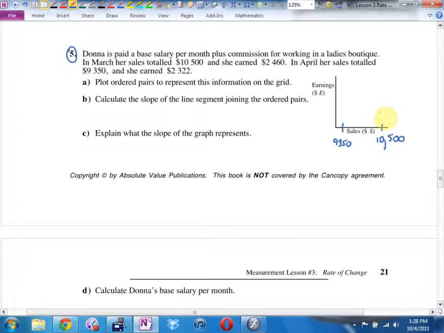On the y-axis, they want me to graph earnings. What's the most number of earnings that appears? I'll put that way up here. And 2,460, does that go with the 10,500 or with the 9,350? I'll signify that by saying, hey, that's a point right there where they cross. Is that all right? What's the next smallest number of earnings they gave me?